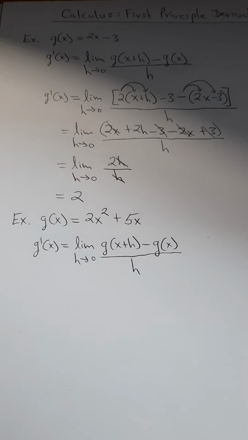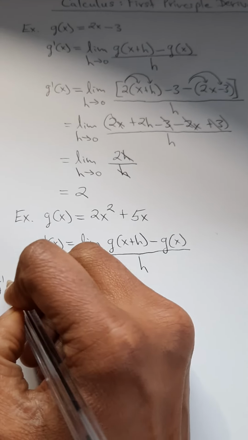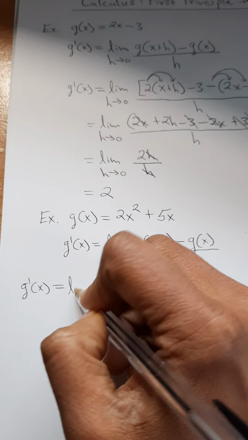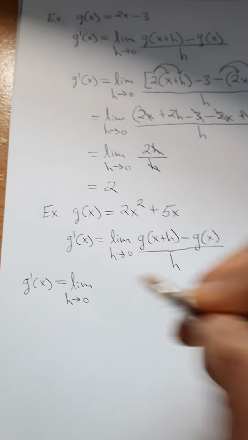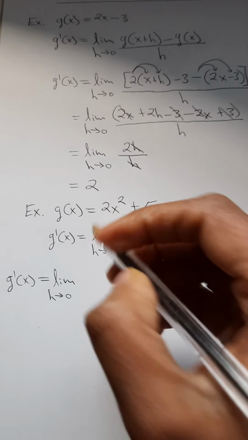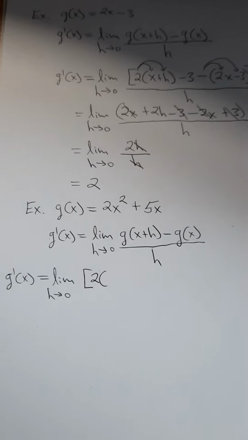So again, what you're doing here is I'm just going to move it over a little bit. So g prime of x, you're doing the limit as h is approaching 0. So the first time when you're subbing it in here, let's use again our square brackets. 2, x squared.